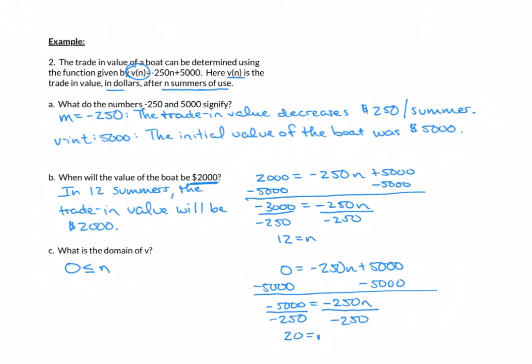I get 20 equals n. So that's the other portion of my domain. N is going to be between 0 and 20 inclusive, meaning I do want my or equal to inequalities again. All right, that takes care of this example. Let's look at one more.